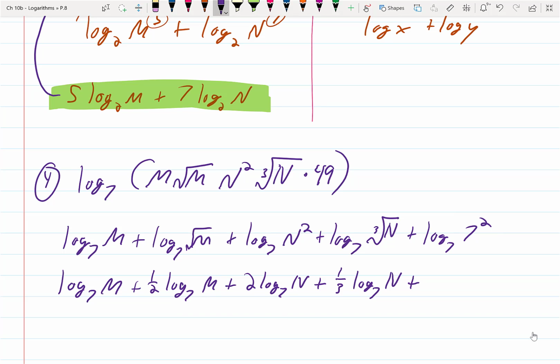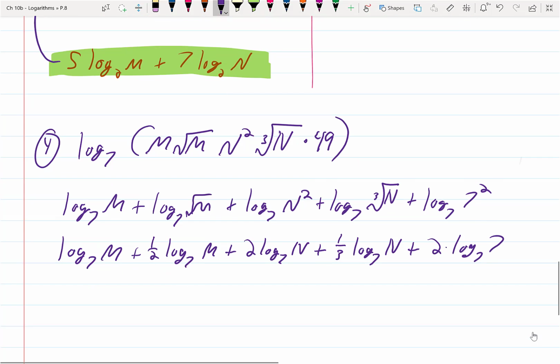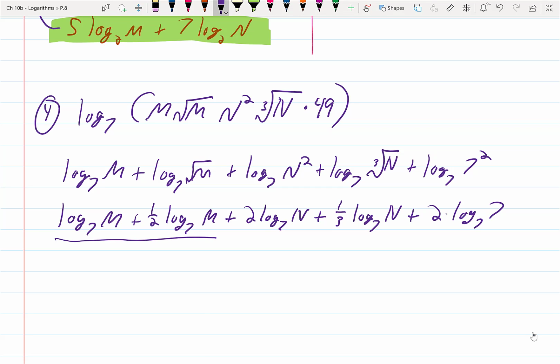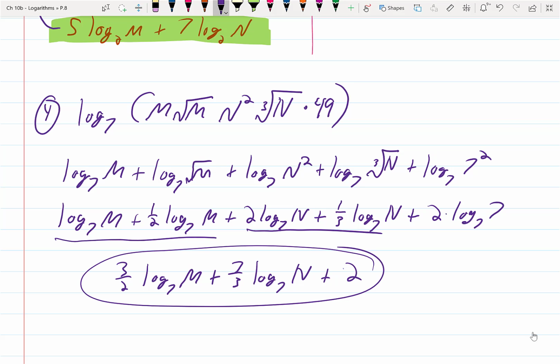Bring the 2 out in front. You have 2 log base 7 of 7, and we'll make that 1 in the next step just for fun. Can we combine like terms here? 1 plus 1/2? Combine those, 2 plus 1/3. 7/3. Log base 7 of n plus 2. So that is splitting this up as much as possible while still keeping like terms added together.